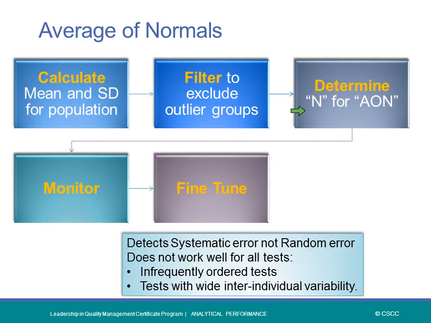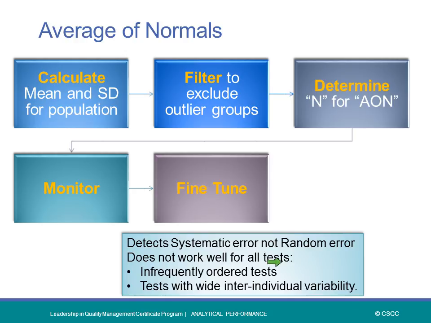So this is a process itself, probably very time-consuming in setting up and going through several rounds of improvement before we have a product that will work well for us in the lab. But certainly a tool we can use to augment our internal QC. But again, it doesn't work well for all tests, so we have to be selective in how we use it.